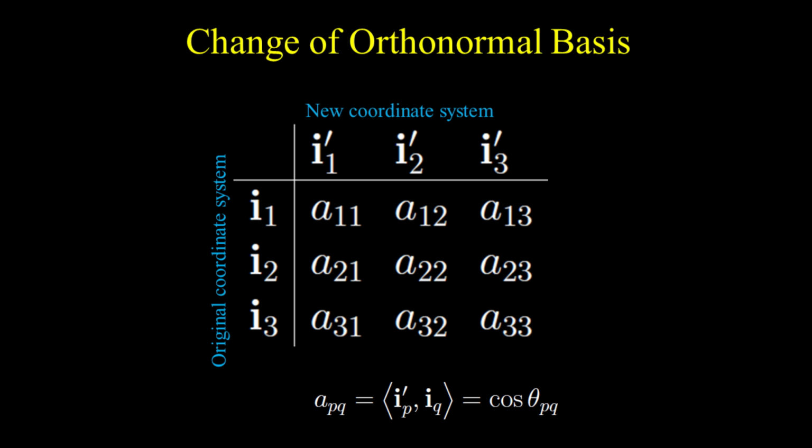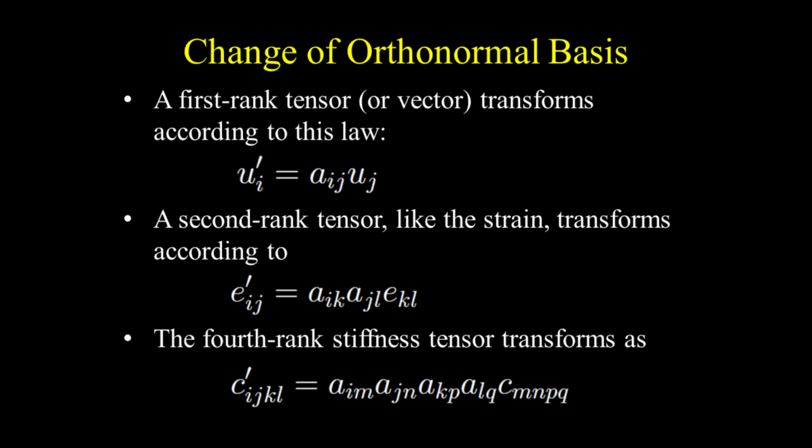The direction cosines defining the other changes of axes are conveniently tabulated as follows, where APQ equals cosine theta PQ. A first-rank tensor or vector transforms according to this law: U'i equals Aij Uj.